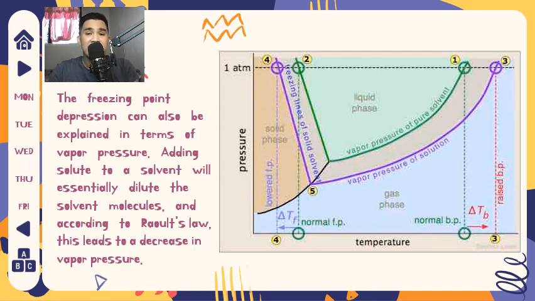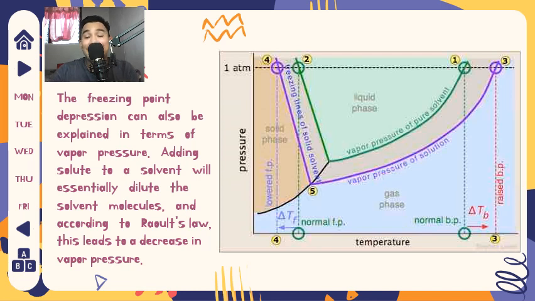If you notice on this illustration, it shows the effect of solutes on physical properties. It is a triple phase diagram that shows the pressure and temperature of the normal boiling and freezing points of a solvent, which is represented by the green lines, and the boiling and freezing points of a solution, which is represented by the purple lines.